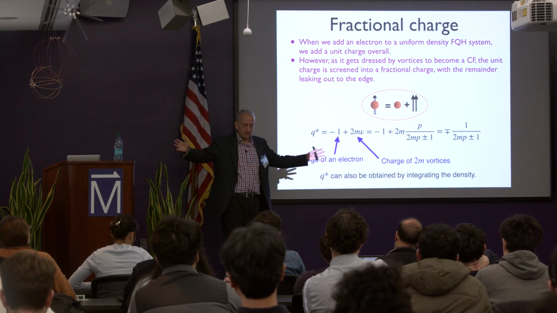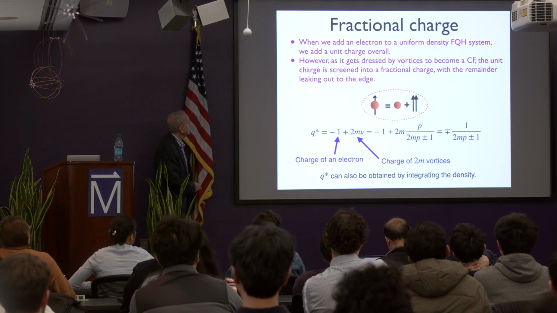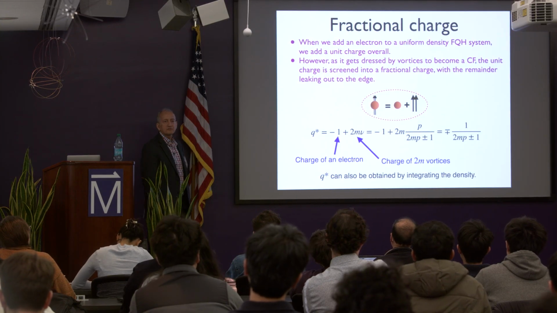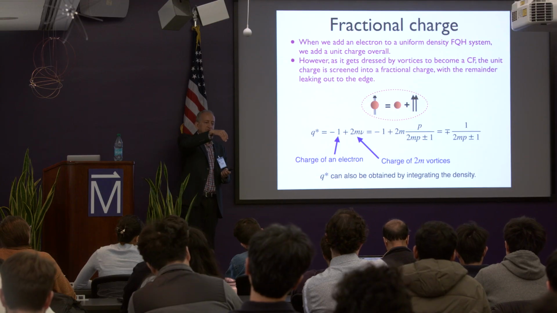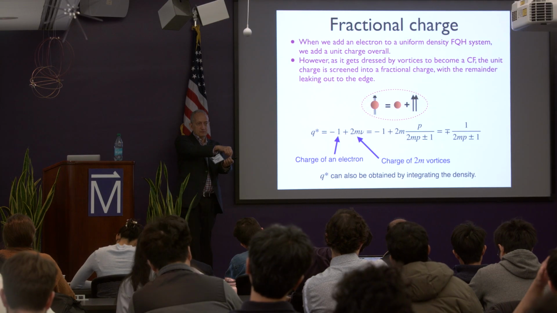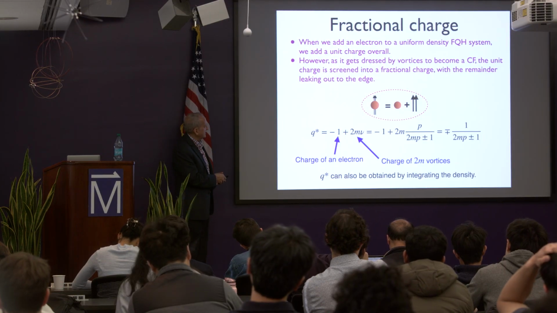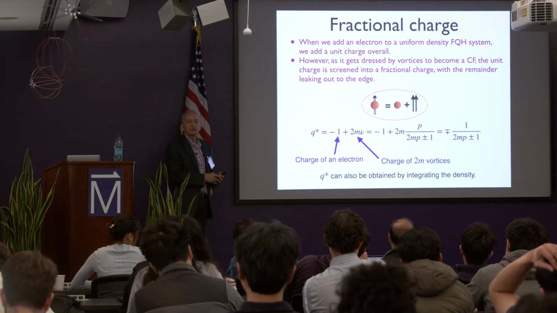So overall, if you look at the whole system, I have added charge 1. But what happens is that as the electron gets dressed by vortices to become a composite fermion, the system has to do the following. First you insert 2 vortices at the points where you are about to put an electron. One can show that each vortex has a charge deficiency which is precisely equal to the filling factor.